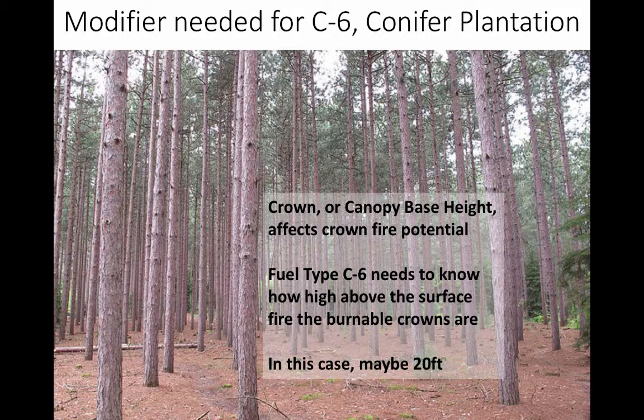Among the conifer types, only C6 for plantations requires additional information. The user needs to provide a canopy base height as a modifier to produce an FBP estimate with C6. In this picture of a red pine plantation, the canopy base height may be as high as 20 feet.